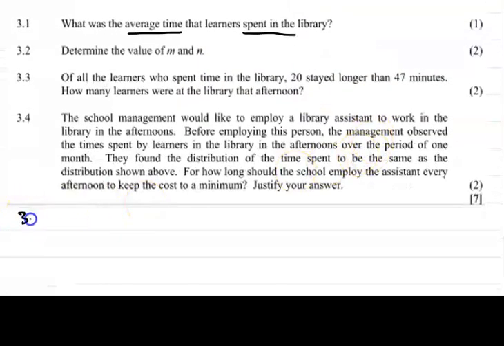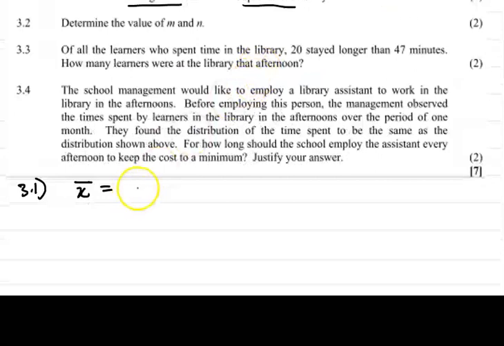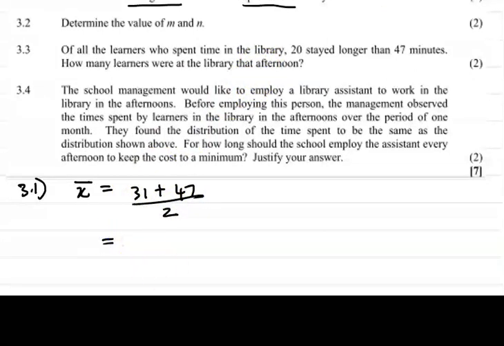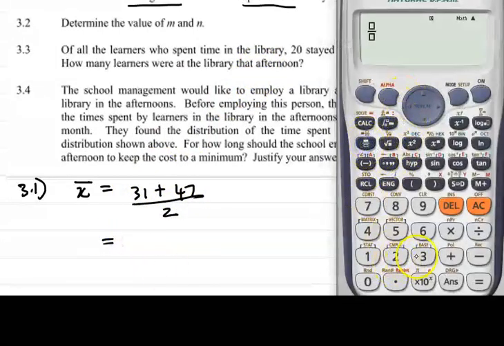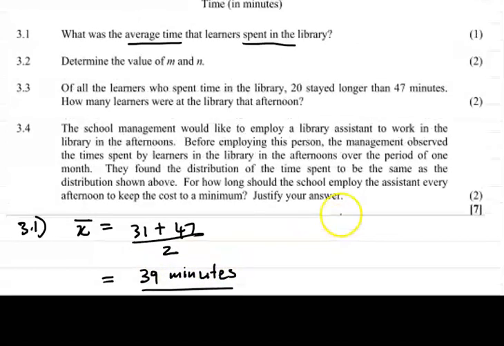So for 3.1, x bar, which is our mean, would be 31 plus 47, divided by 2, and that's equal to 39 minutes. Therefore the average time spent in the library is 39 minutes.